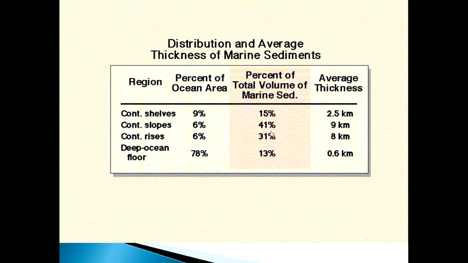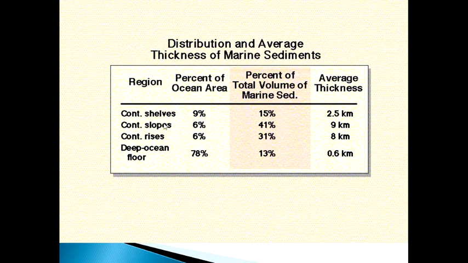Now, if you look at the average thickness of sediment, that's another interesting thing. The deep ocean is consistent: huge area, small percentage volume, so the average thickness is small. The continental shelves are not the highest percent volume, but they are rather thick, and so that's consistent as well.